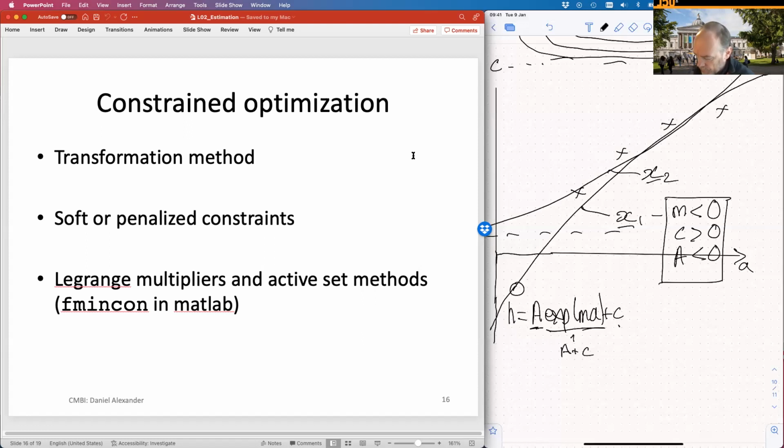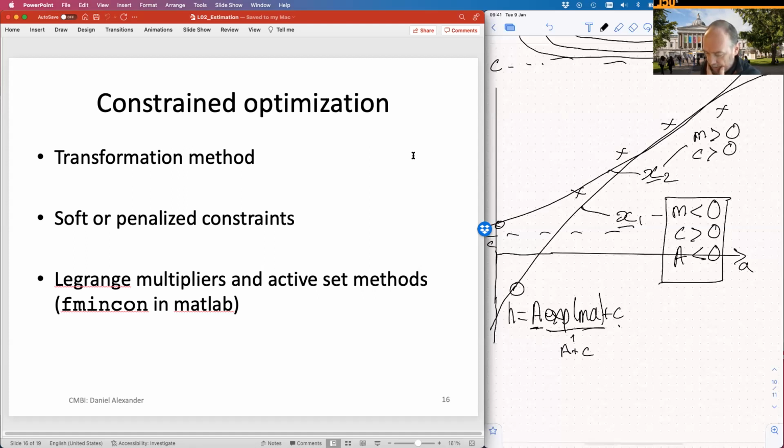Let's think about the solution that we do want, this X2. So here I think now, the h does tend to infinity as a tends to infinity, so I think we can infer that M is greater than 0. The asymptote here, C, looks like it's just about positive, so I think we'll also write that C is greater than 0.